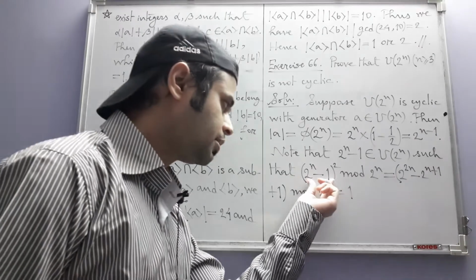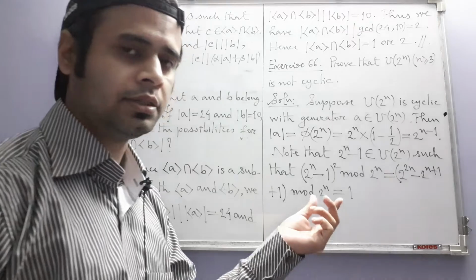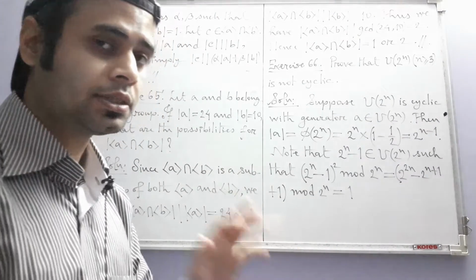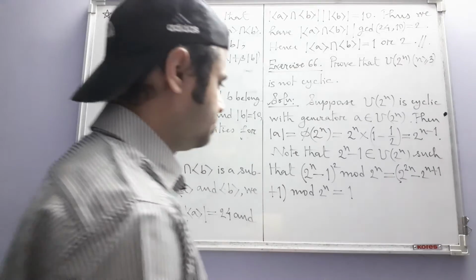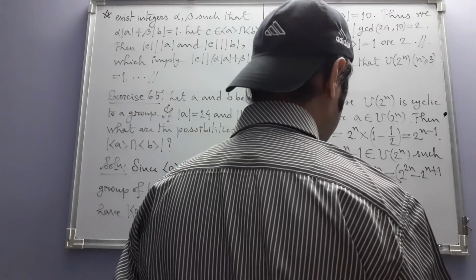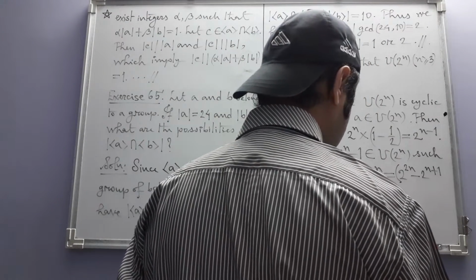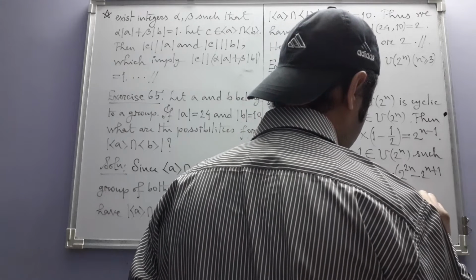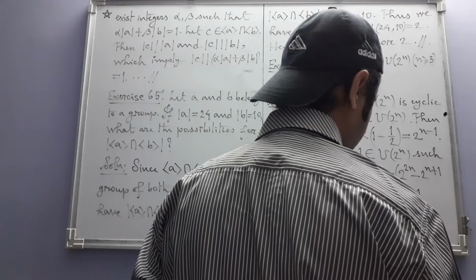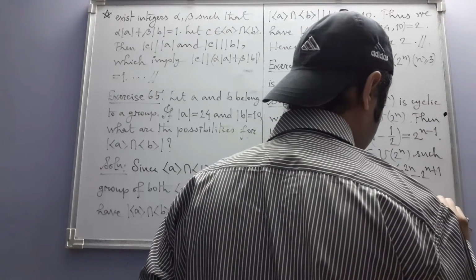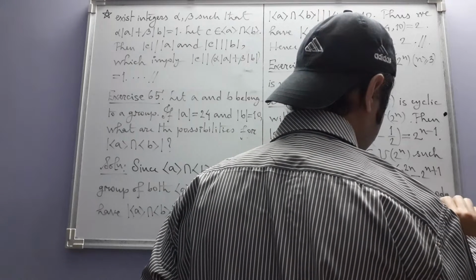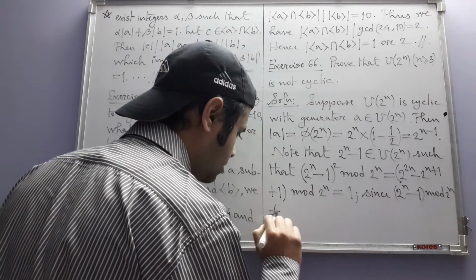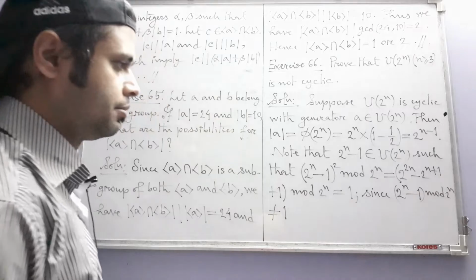So the order of the element 2 to the power n minus 1 in this group will be 2, provided the element itself is not identity. Since 2 to the power n minus 1 mod 2 to the power n is not equal to 1.